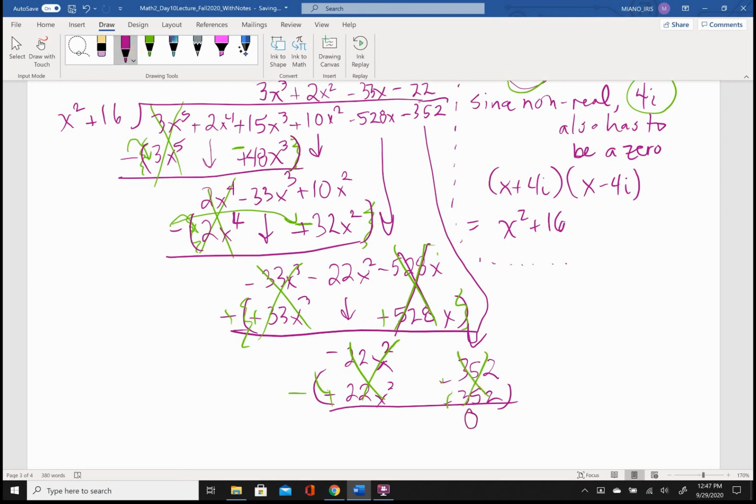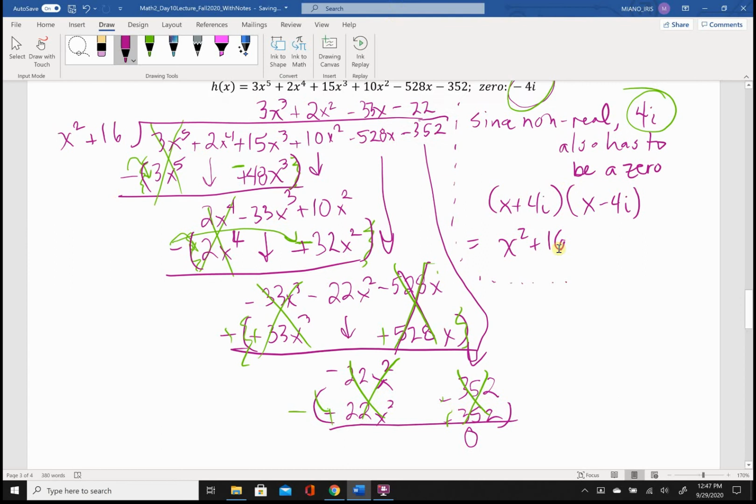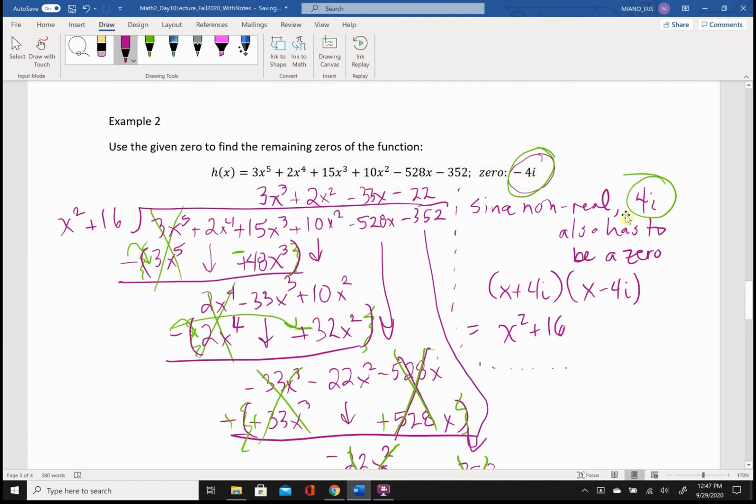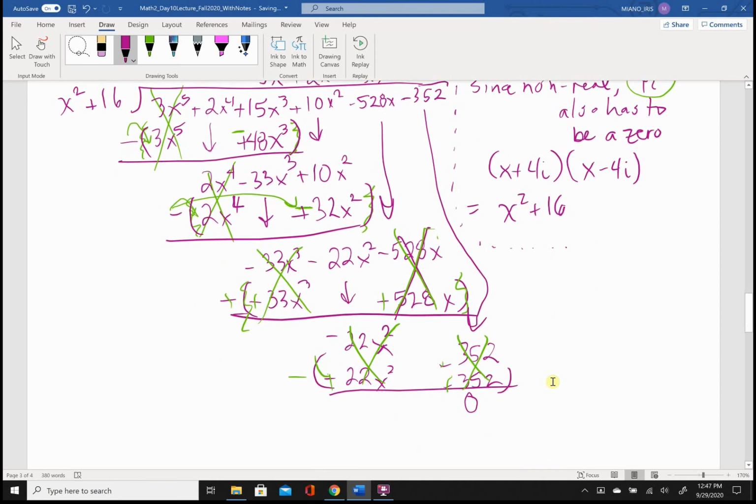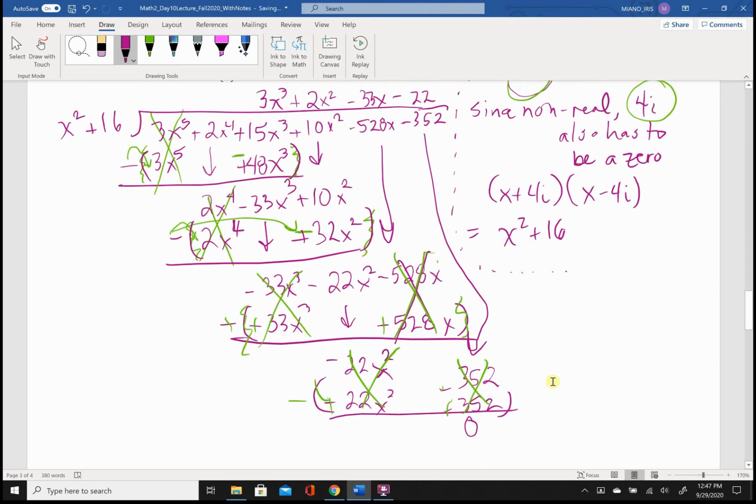Cool, cool, cool. Okay, and we knew this because we were told that, again, negative 4i was a 0, so therefore 4i has to be 0, therefore this has to be a factor. So we knew that this process was going to yield a 0 remainder.